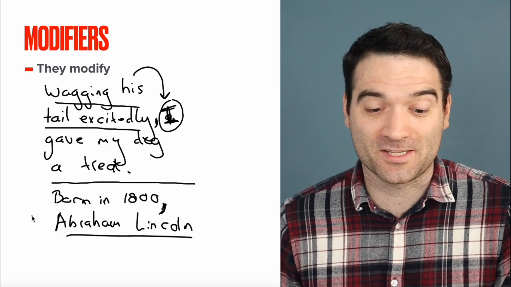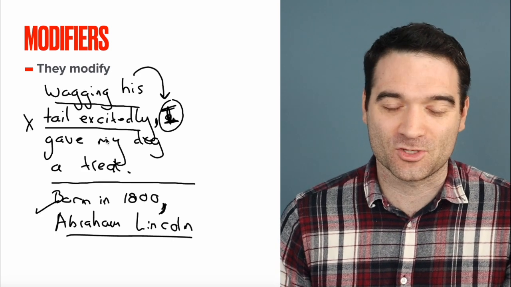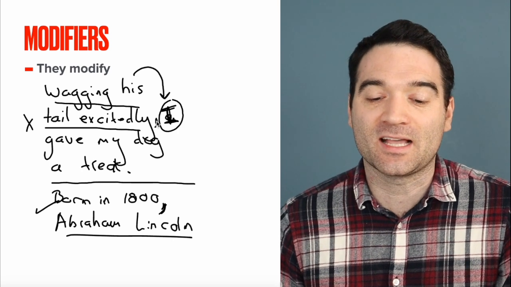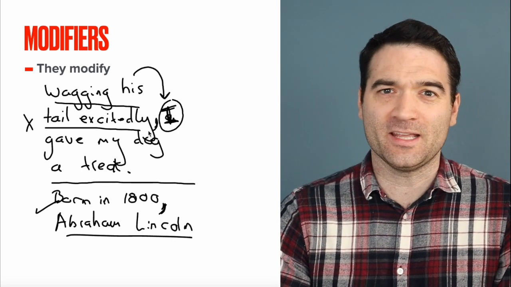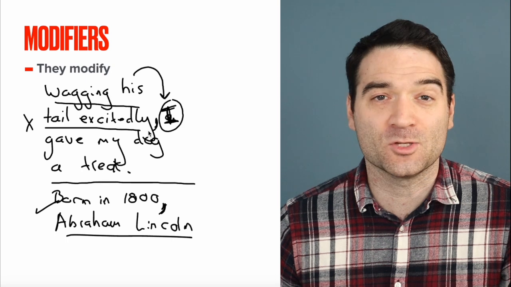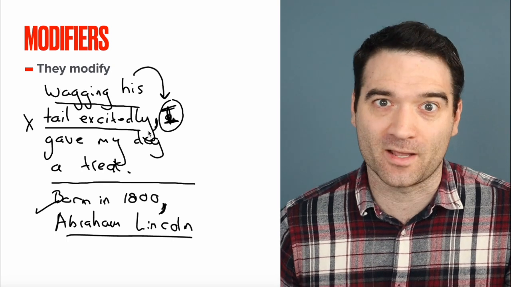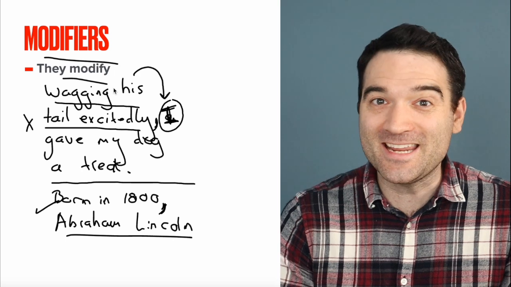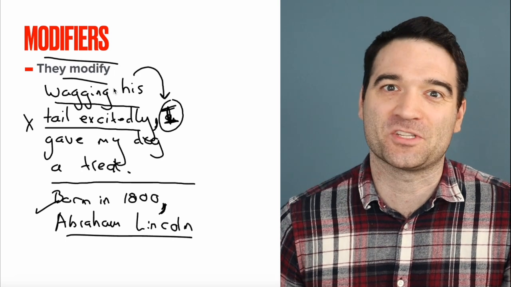Similarly here, so this is right and this is wrong, just to be clear. Wagging his tail excitedly, comma, the only subject that could come after that comma is what? Well, it's my dog, right? So with modifiers, the modifiers need to point directly at the subject of the sentence.